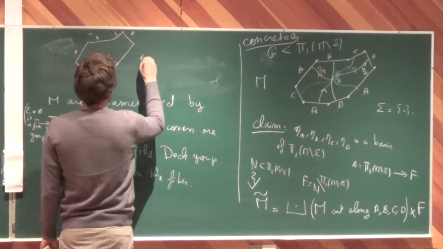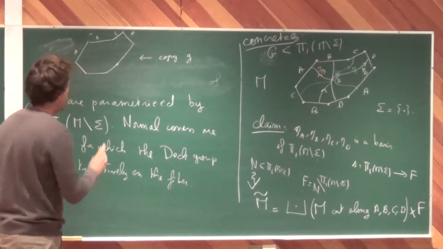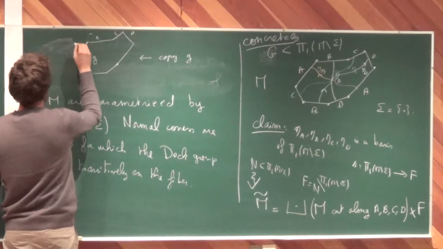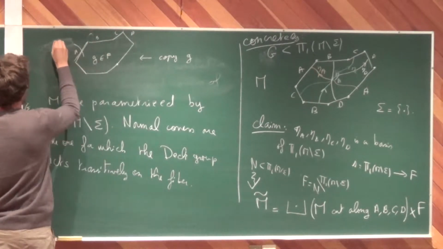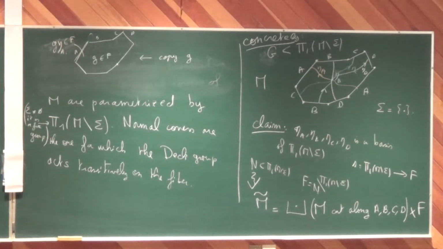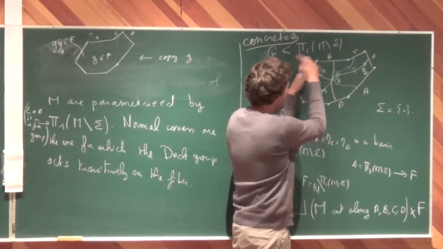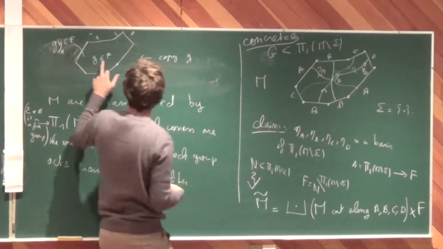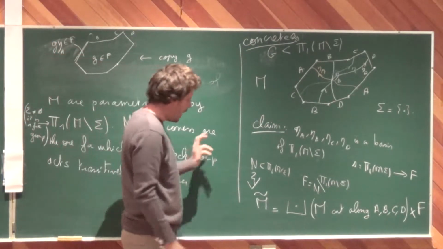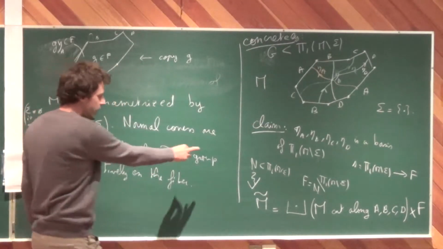And imagine here, this is a copy g. Where do I glue everything? I glue this side, so this is copy g, with g in F. I glue this side to the copy g times theta A, which also belongs to A. And the theta A which is below, I glue this A to this one, but in another copy. And I do the same along B, C, D. And that way, I get exactly the cover determined by this normal subgroup.